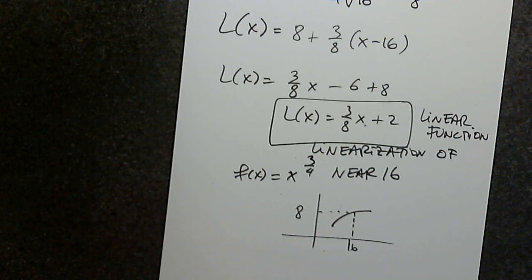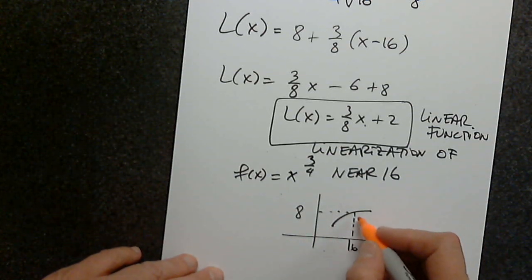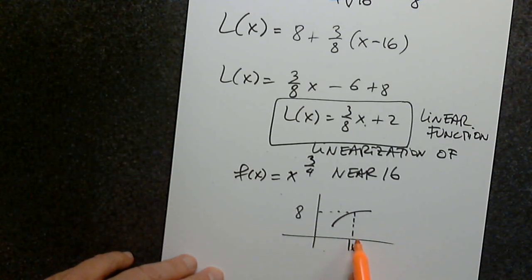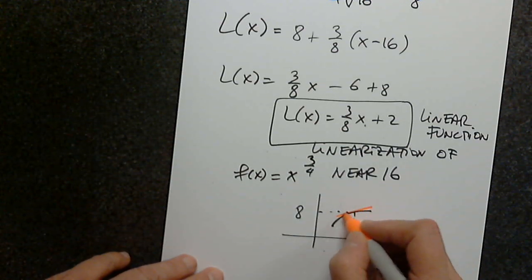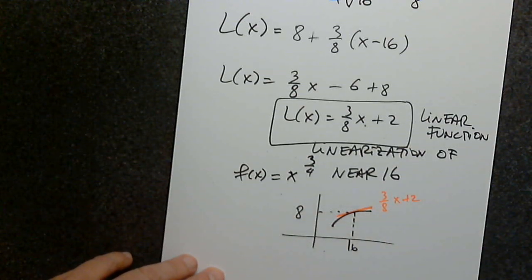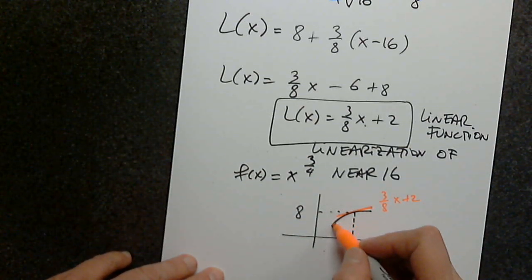If I use the function to evaluate, let's say, at 16.2 or 15.98, I can use this line, which is 3/8 x plus 2. Or I can use the function.